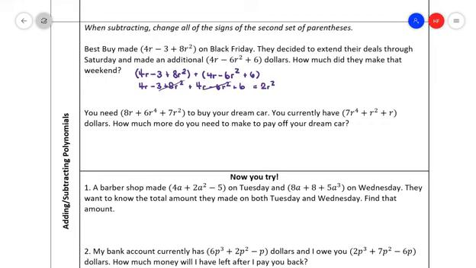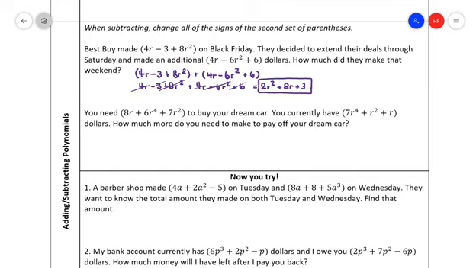Then it would be my r's. I have 4r plus 4r, which will give me 8r. And then my constants, I have negative 3 plus 6, which will give me plus 3. So then that is how much they made that entire weekend if we were saying that our polynomials were dollar amounts.